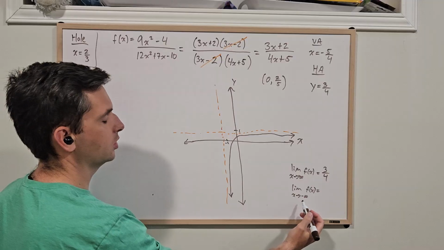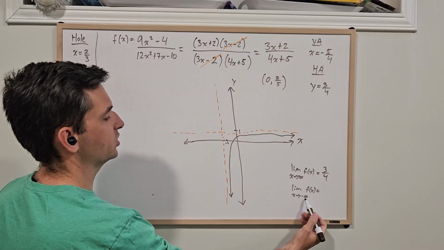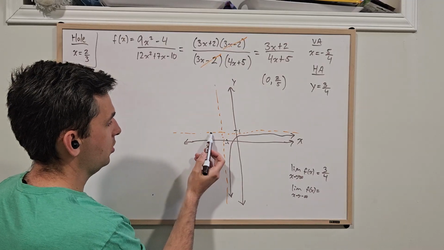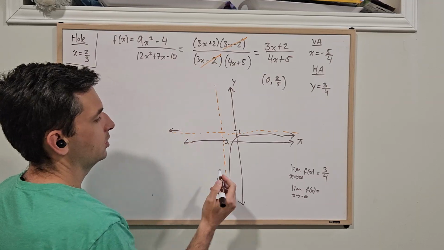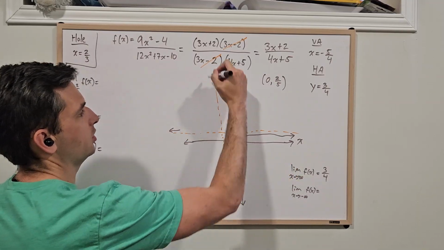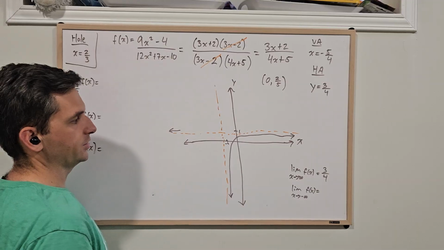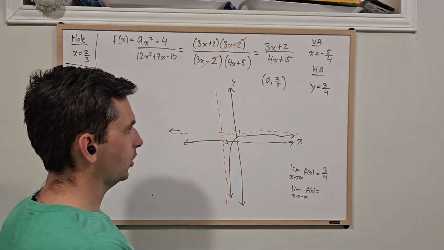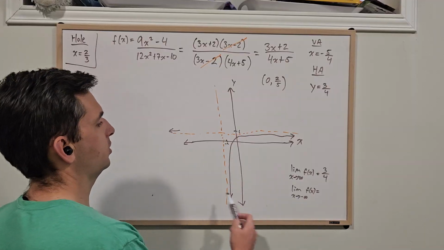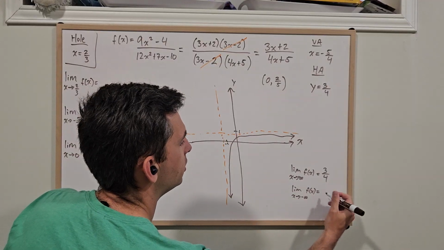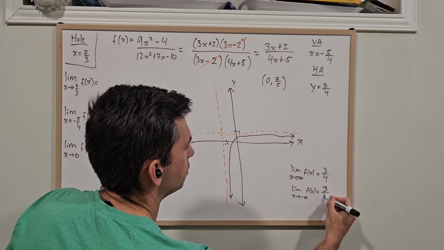Our limit as x approaches negative infinity is going to go this way. So there's going to be a part over here on the bottom and another part coming over here at the top. If we remember the rational functions from previous years, this is the general shape, and this is going to be 3 over 4.